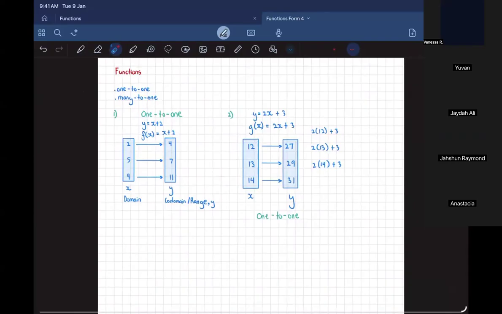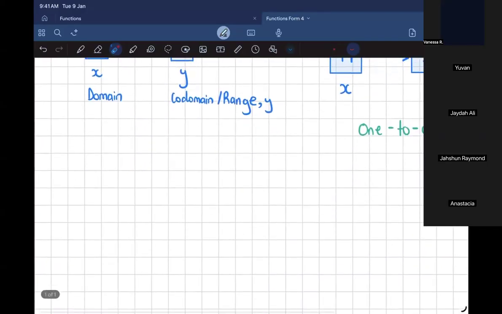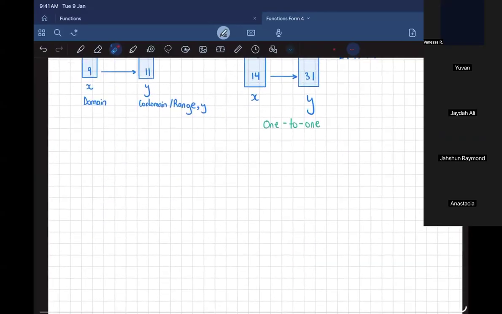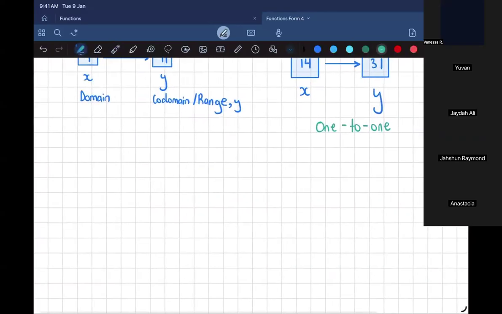Let's move on to a different kind of function. So we finished with one-to-one. Let's look at many-to-one now. So this will be the third example. Vanessa, is multiplying and minusing or adding the only thing we could do with a number?